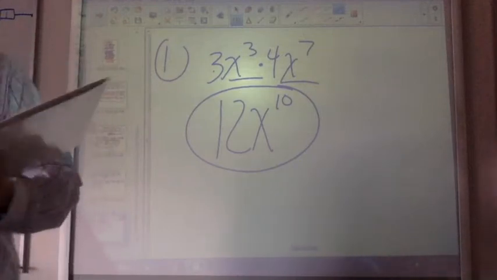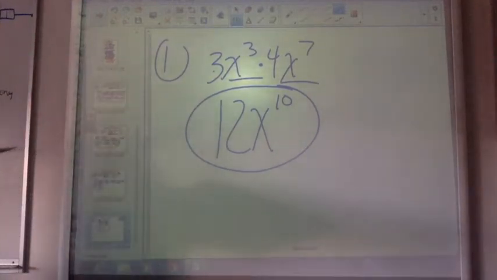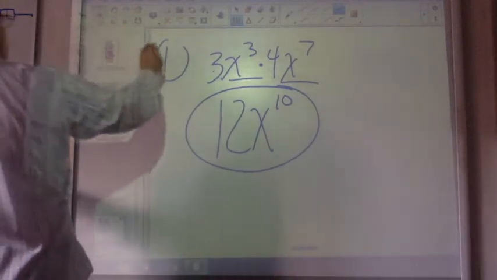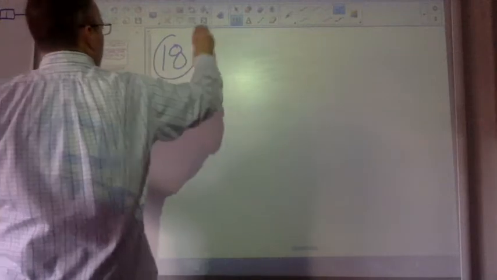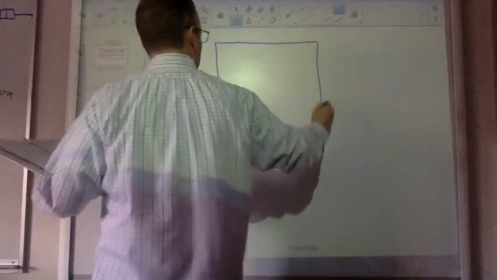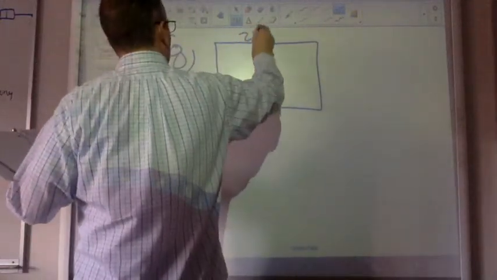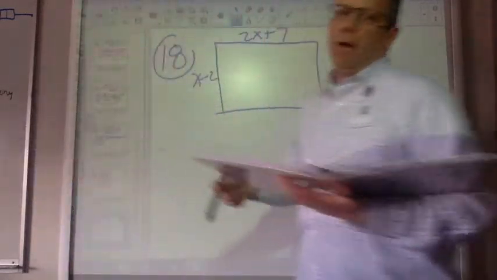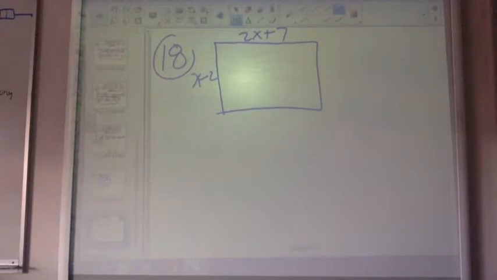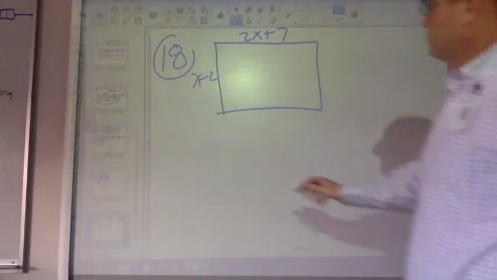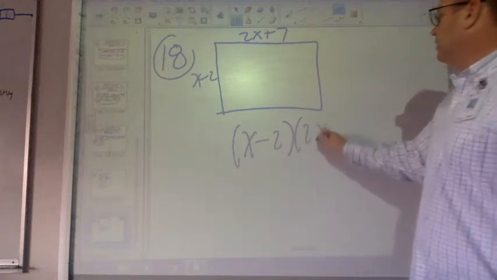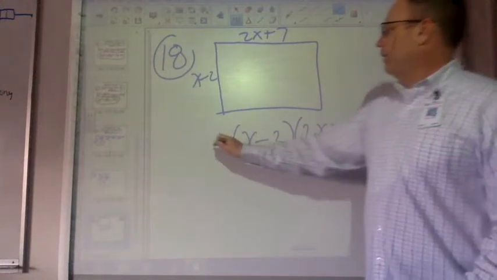All right, any other questions up to number 17? Are we good? All right, 18 and 19, you want me to run through those? Okay, so we're finding the area on number 18, right? How do I find the area of a rectangle? Base times height, right? So one of them's a base, one of them's a height. Which is which? Doesn't really matter. So I'm going to multiply x minus 2 times 2x plus 7. And this is how I'd find the area.